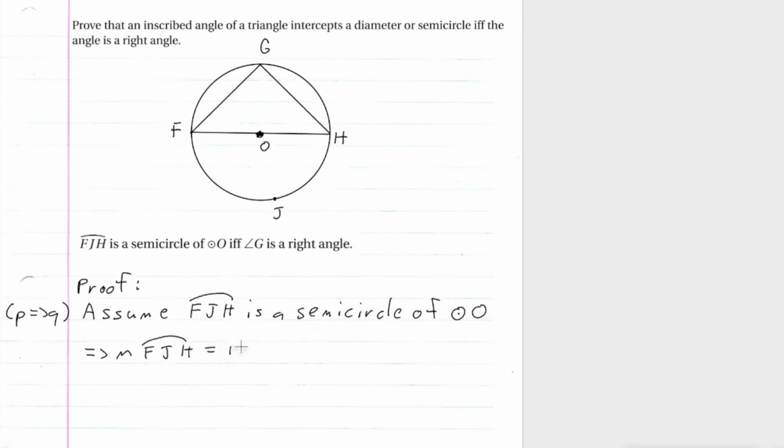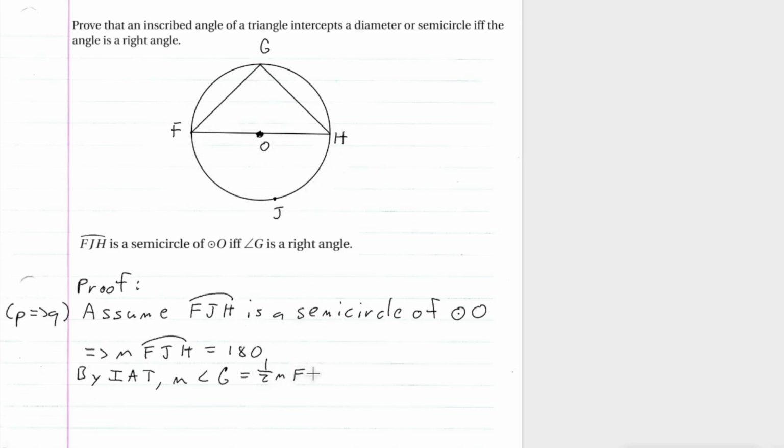is equal to 180. Now, by the inscribed angle theorem, we know that the measure of angle G, since angle G is an inscribed angle, is equal to half the measure of its corresponding arc, which in this case is arc FJH.